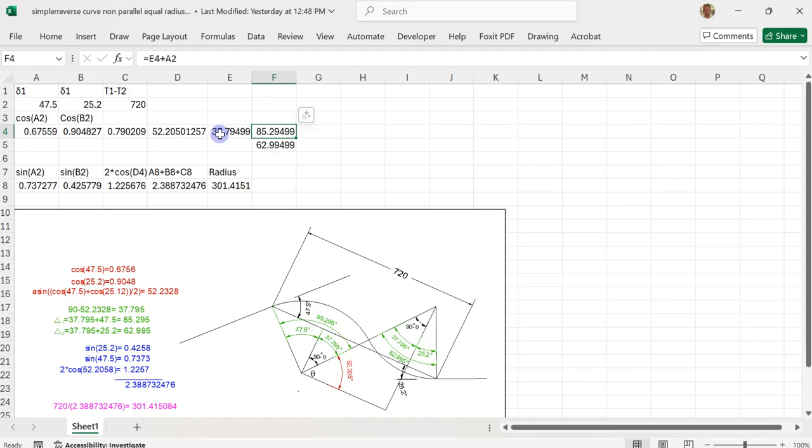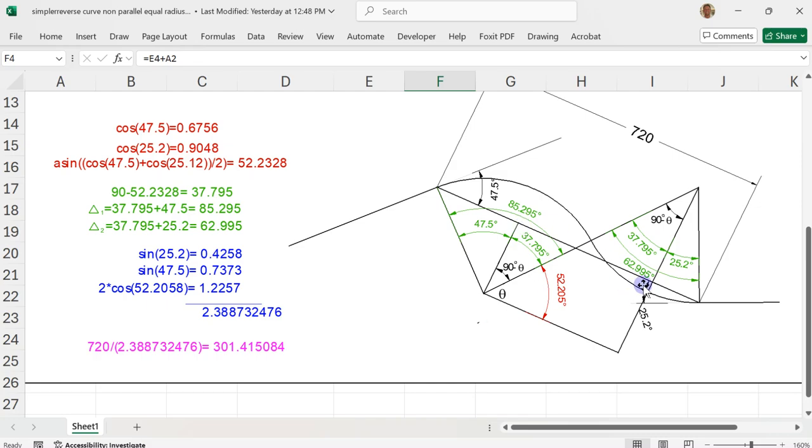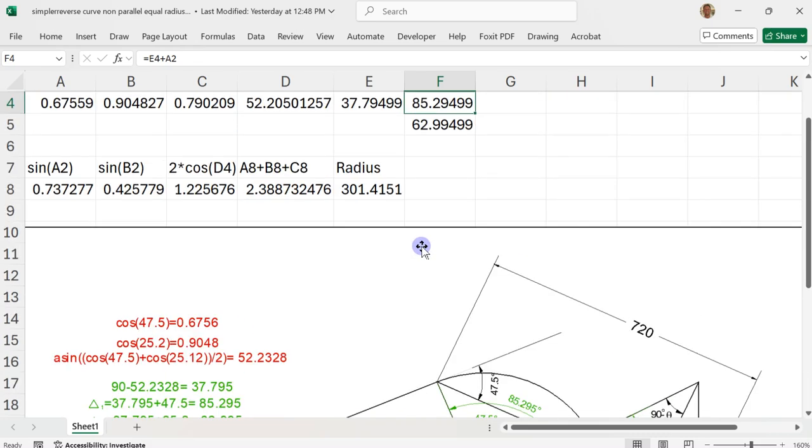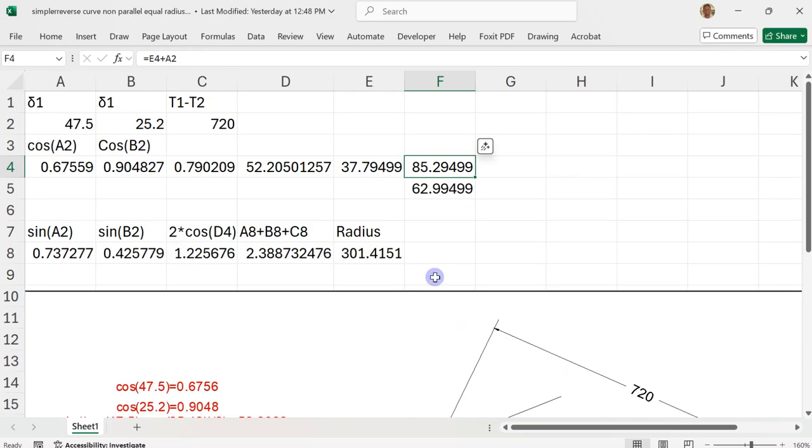And then this is adding the angles up. E4 plus A2, so you're adding those and you're getting those big angles right here, 85 and 62. So that's how you'd use that. And then once you calculate the radius, you calculate the lengths.